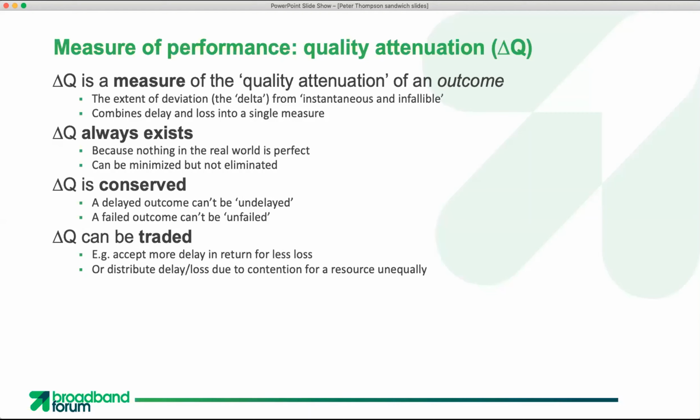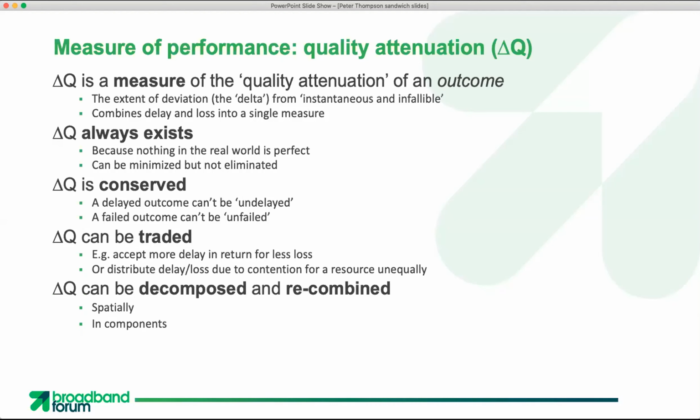For example, we could give priority to voice packets in a network, which would cause them to have a lower delay. But it necessarily causes some other packets to have a longer delay because they didn't get to go first. The voice packet went first. So in various ways we can trade it. And we can decompose it and combine it. I'll talk more about this in a second, both spatially and also in components, which give us some useful insights.